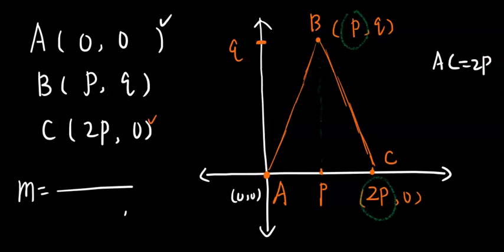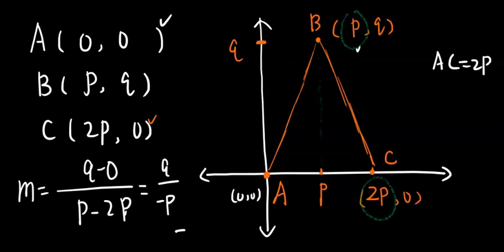We're going to subtract the y-coordinates. So we have Q minus 0 on the top. We did Q first, so we're going to come back with P: P minus 2P. Don't stop here, we're going to simplify. Q minus 0 is Q. P minus 2P is negative P. Therefore, slope is negative Q over P.